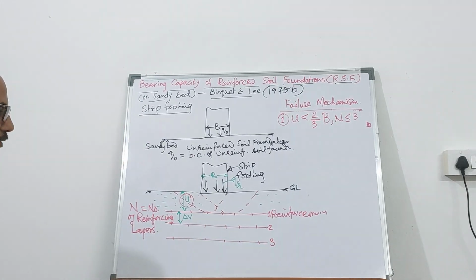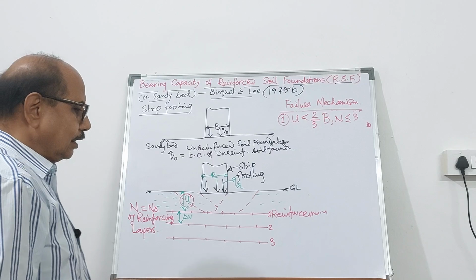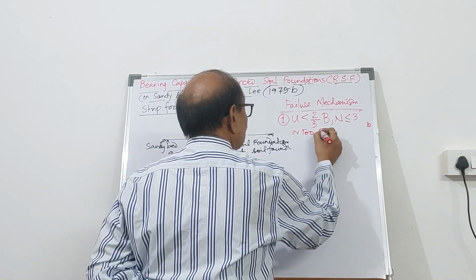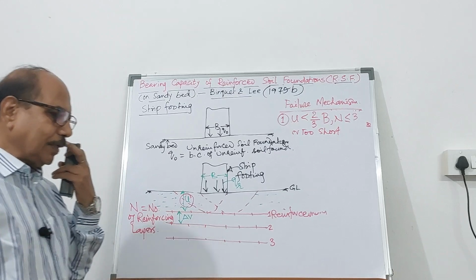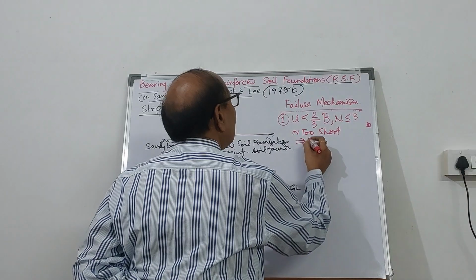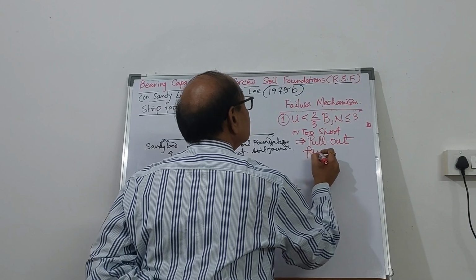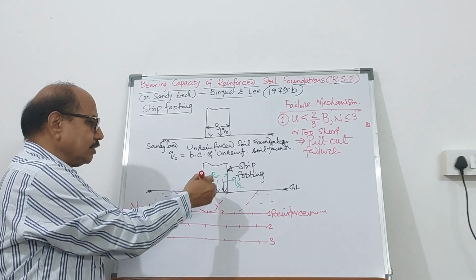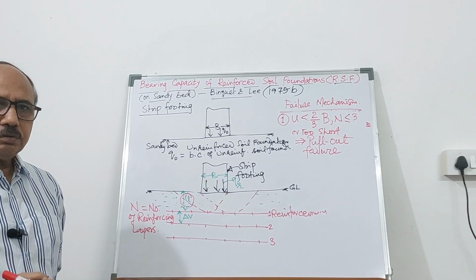So if the number of reinforcing layers is less than or equal to 3, or it is too short, the length of the reinforcement is not adequate, then what will happen? Then this implies pull-out failure. What do you mean by pull-out failure? That means when you apply this intensity of loading qR, your reinforcement is going to be pulled out.